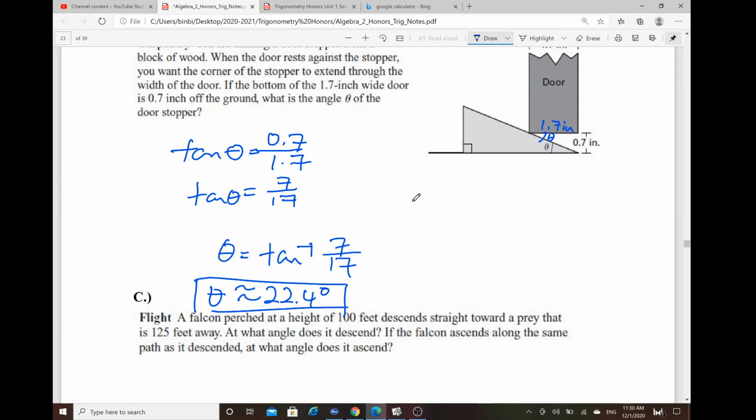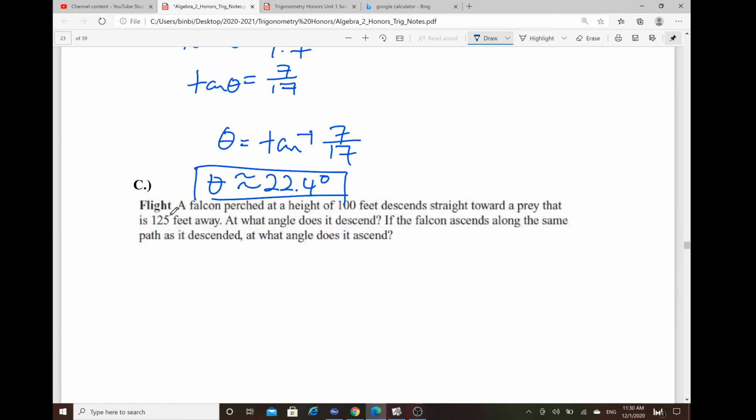Okay, so now for C, the flight. A falcon perched at a height of 100 feet descends straight toward a prey that is 125 feet away. At what angle does it descend? If the falcon ascends along the same path as it descended, at what angle does it ascend?